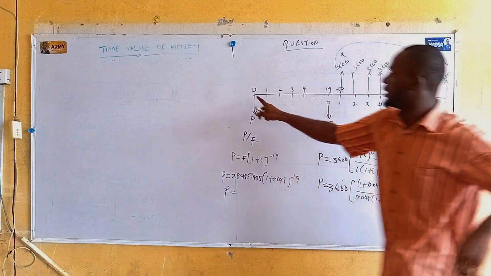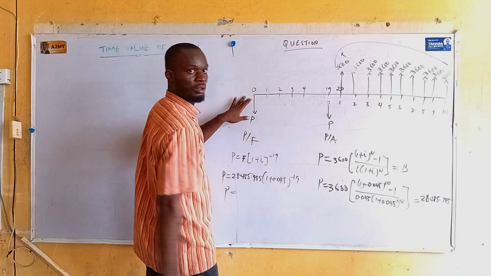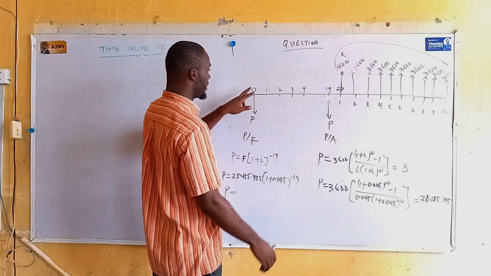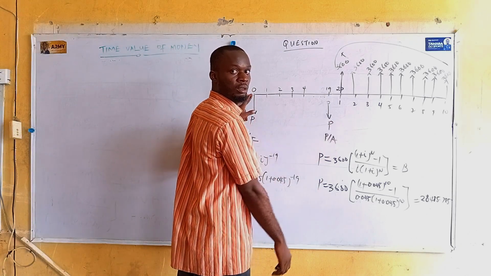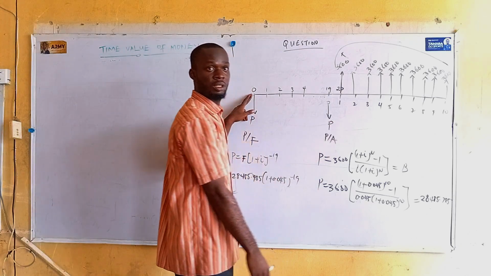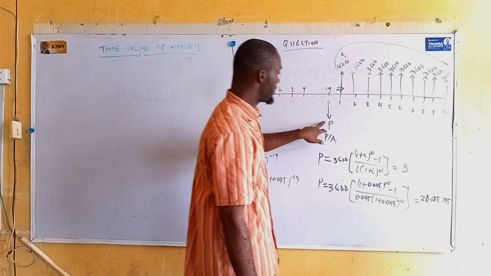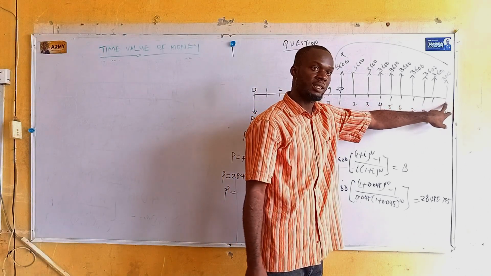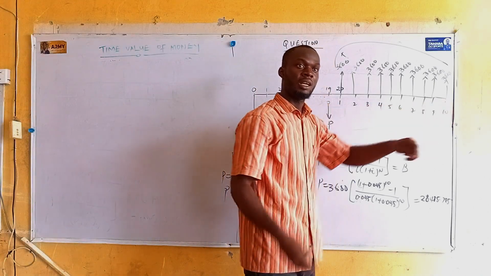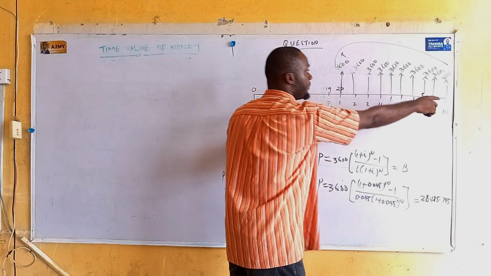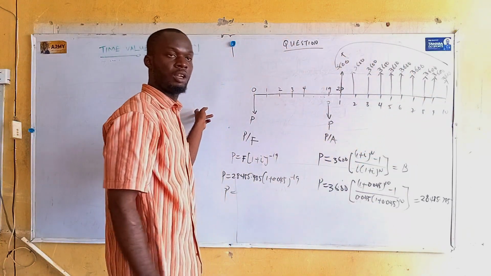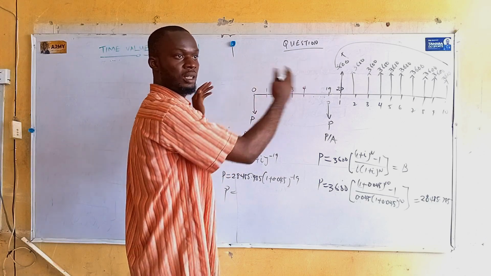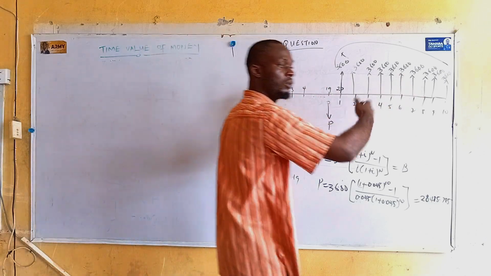If you are standing here now, this becomes your future. You understand? You are standing here now, this becomes your future. In the present for 10 years. But this extra 10 years, you can also find F giving A, then bring it back to the origin. You can play with this flow.